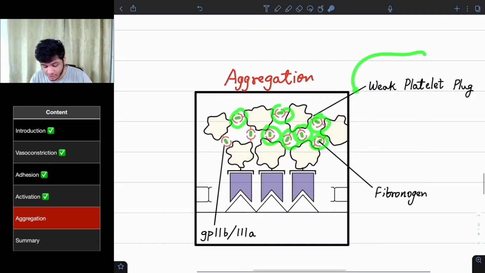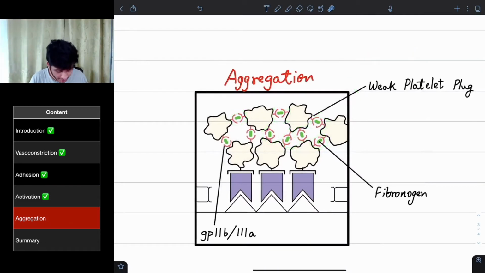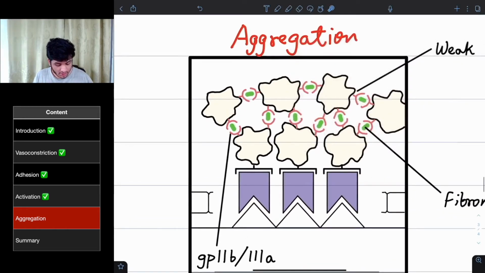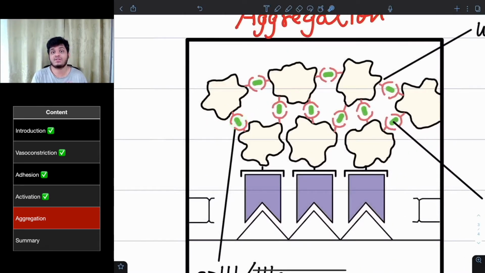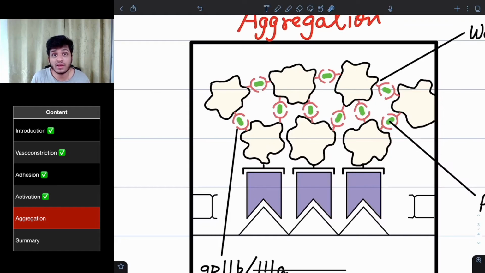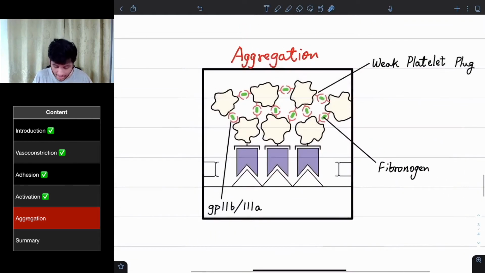And this is called a weak platelet plug. And this is how aggregation actually happens. Fibrinogen in the blood, which is a plasma protein, binds to the GP2B3A receptor and forms a weak platelet plug. And this is basically aggregation and the formation of platelet plugs.